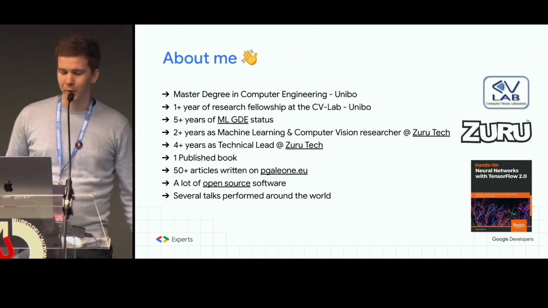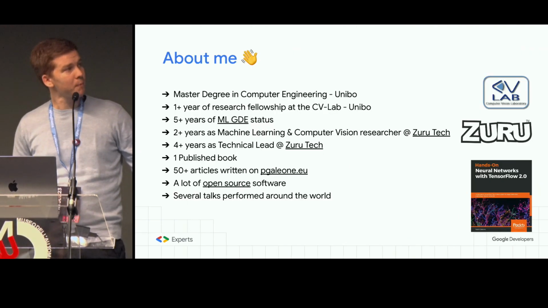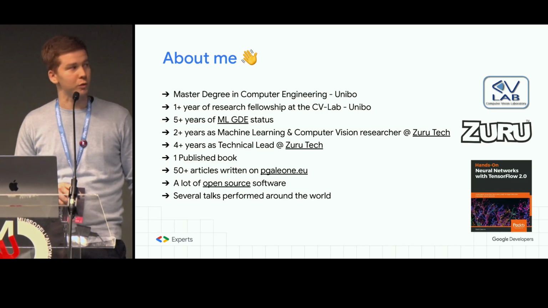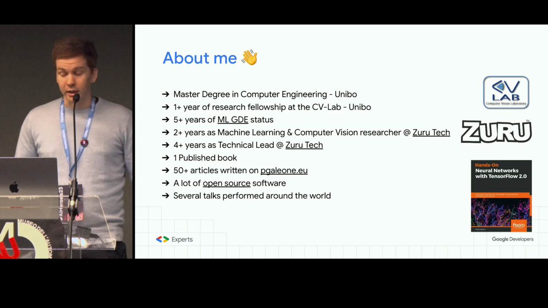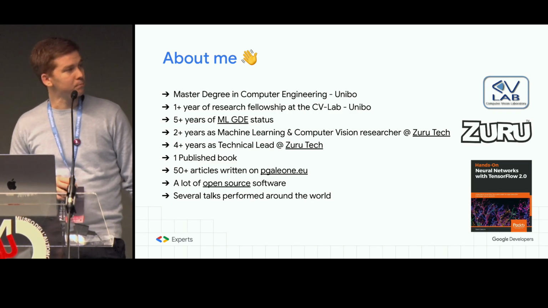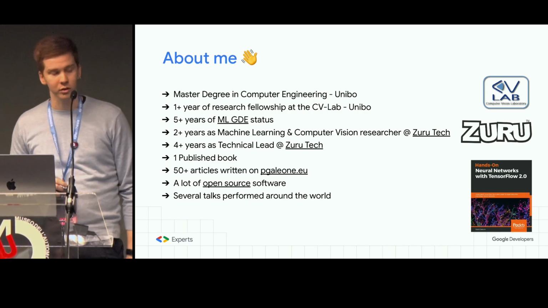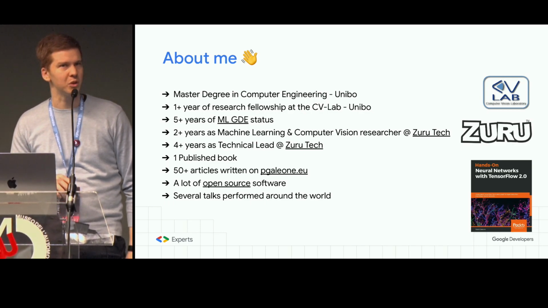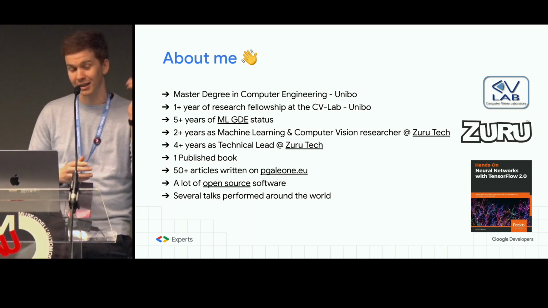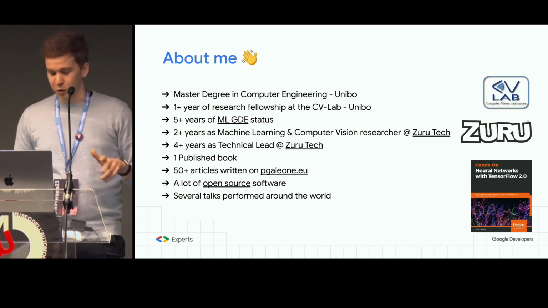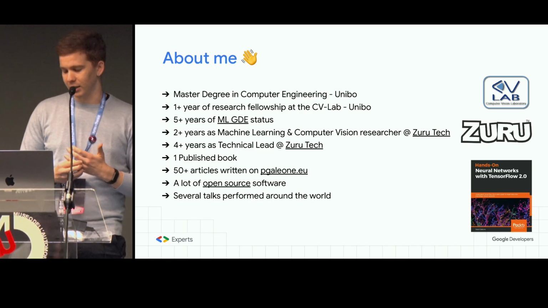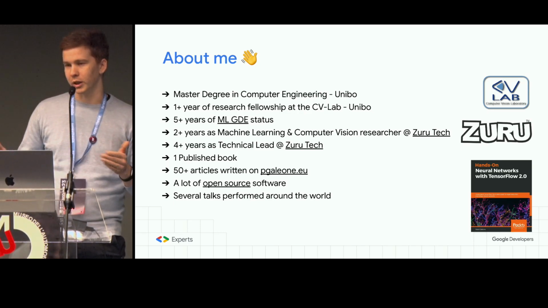To begin with, just a brief introduction. I am a computer engineer with a master's degree from the University of Bologna. I am the technical lead of a company named Zurtec. I am a book author as well; about two years ago I wrote a book on TensorFlow 2.0. I am also a blogger, and I write pretty technical articles on pgaleone.eu.